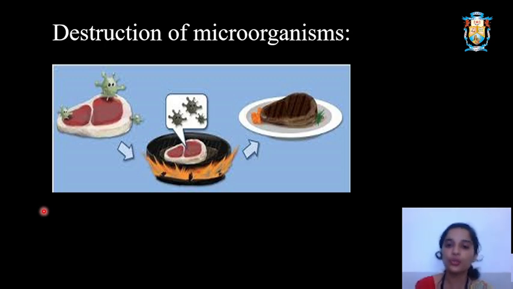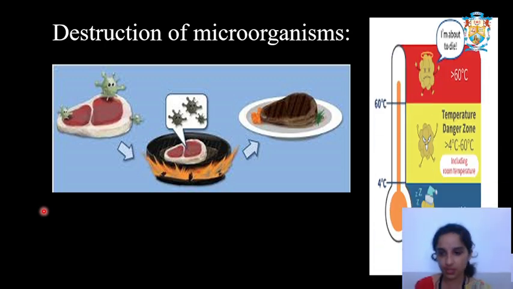So what we have to do is, in this picture, if you see properly, there is a thermometer given. So from 4 degrees to 60 degrees Celsius is known as the danger zone. Danger. Why? Because microorganisms can grow. Microorganisms can easily multiply. Okay.